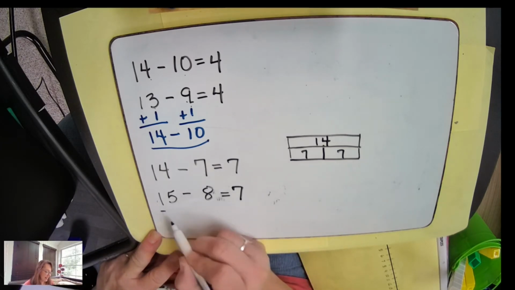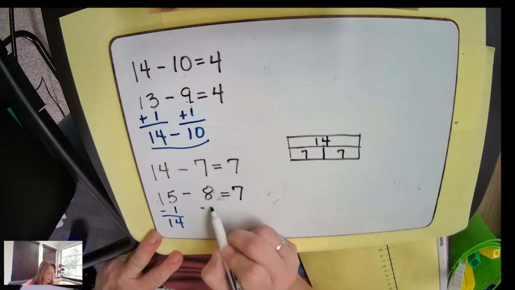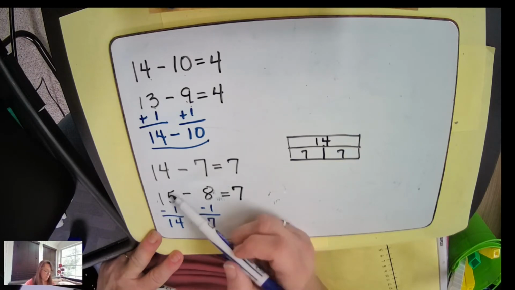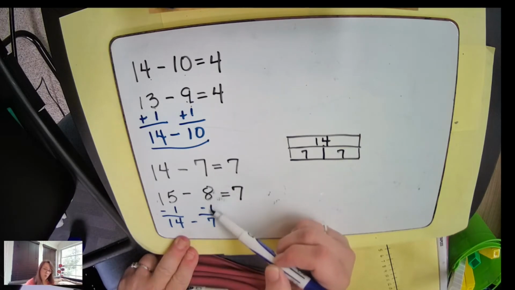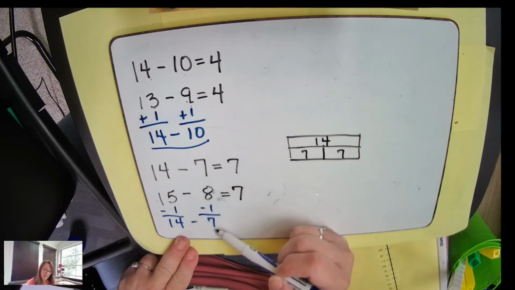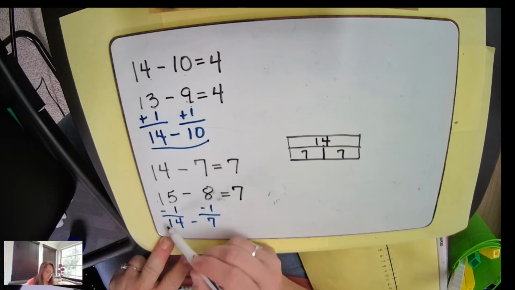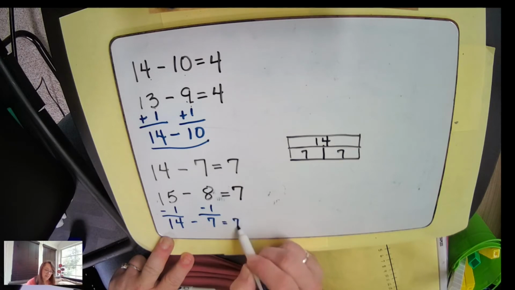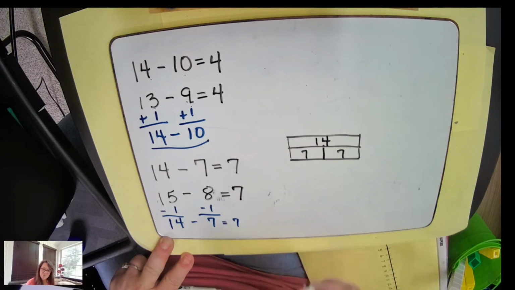Cameron says that he decided to subtract 1 from each of the numbers in the problem so that he could have a friendlier problem. So by subtracting 1 from 15, he gets 14. And subtracting 1 from 8, he gets 7. So this is essentially the same problem as before. 14 minus 7 equals 7. And we know that because that's one of our doubles facts.